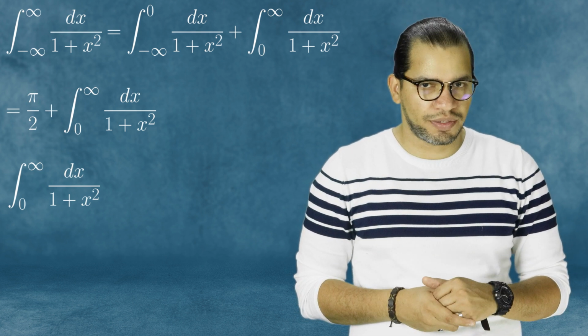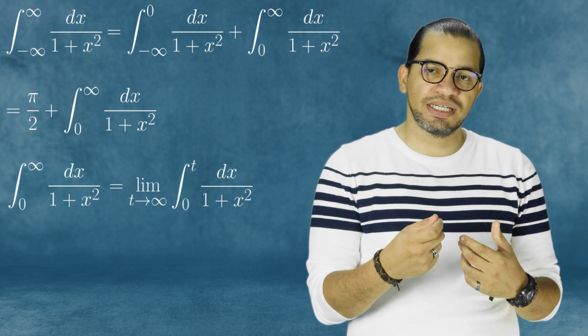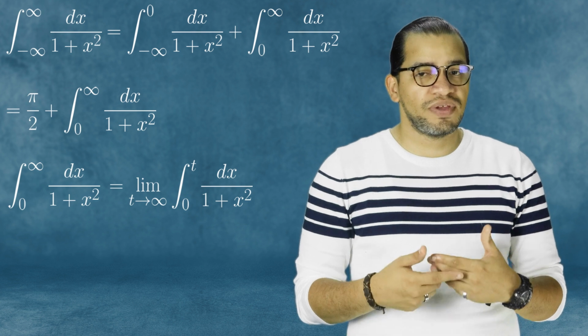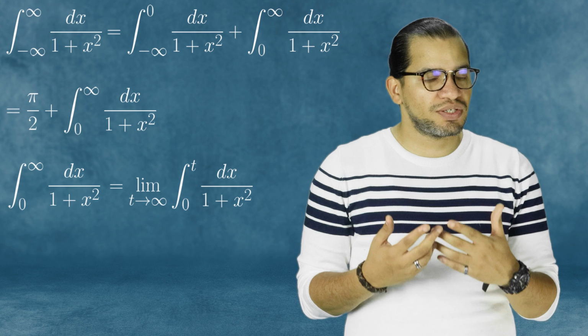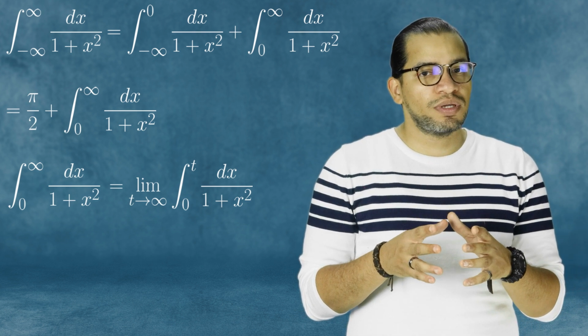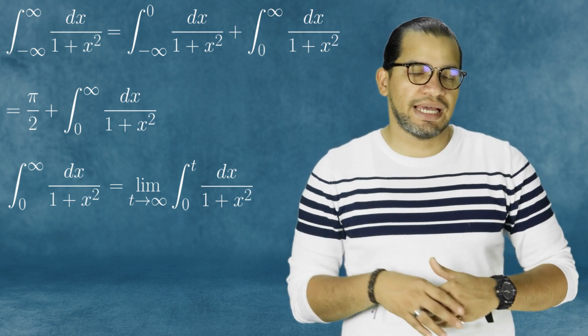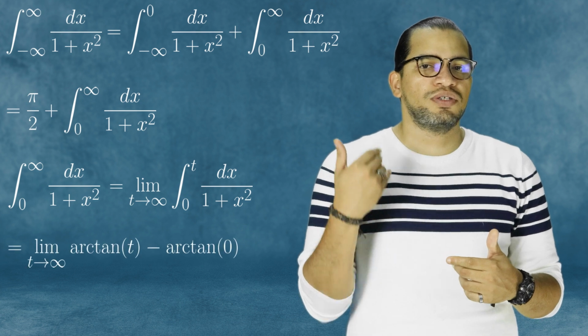1 plus x squared. Now, for doing so, we need to take the limit when t goes to infinity of the integral from 0 to t of dx over 1 plus x squared. The integral is equal to arctangent of x, which we need to evaluate from 0 to t.